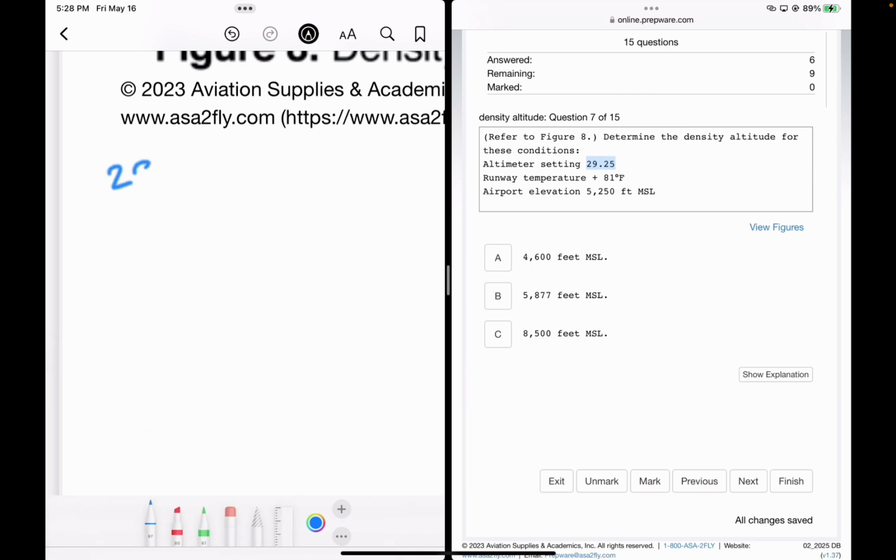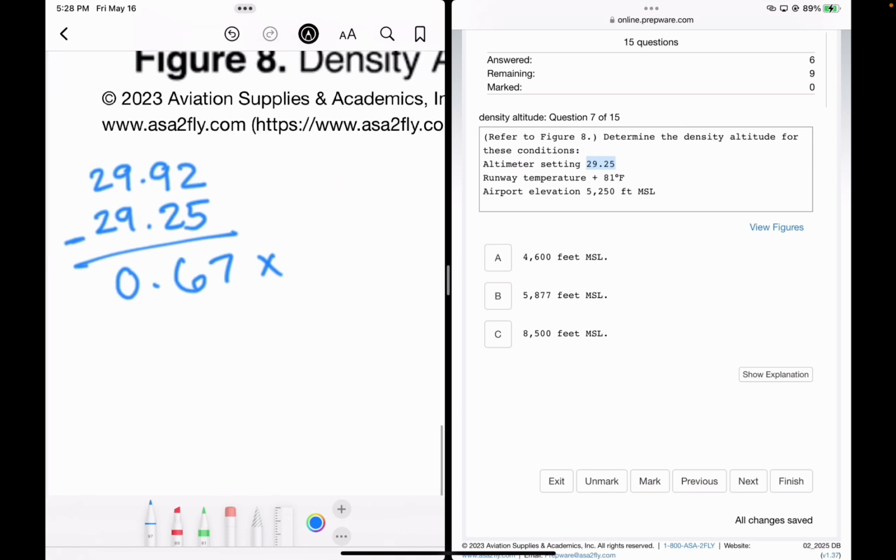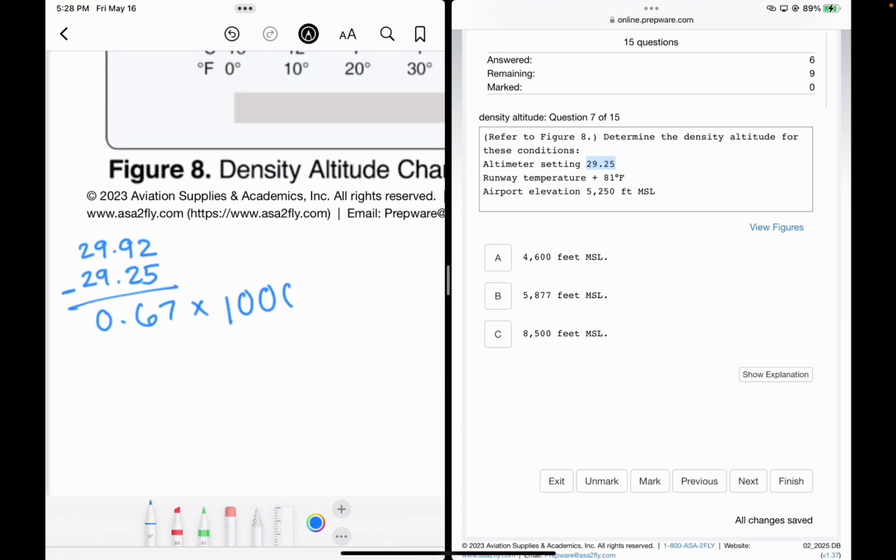I did 29.92, that's standard atmospheric pressure, if you remember, because I taught you, and I subtracted 29.25 from it, and if you did that, that would be 0.67, okay? If you multiplied this by 1,000, you would get 670.